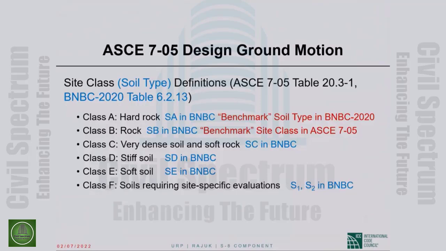The site class, which is called soil type in BNBC, site class definitions, well, these are maybe not definitions, but in ASCE 7 there are 6 site classes, as I mentioned. A is hard rock, B is softer rock. Hard rock is characteristic of the eastern United States, which is geologically older, and therefore the rock is harder.